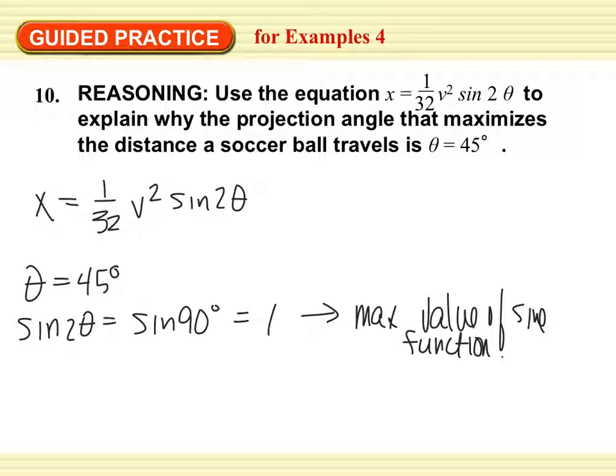So in the projection angle, if you look at that, when you've got a person here kicking the soccer ball, the projection angle is 45 degrees. The object travels that horizontal distance given by that equation right there, because that's x.